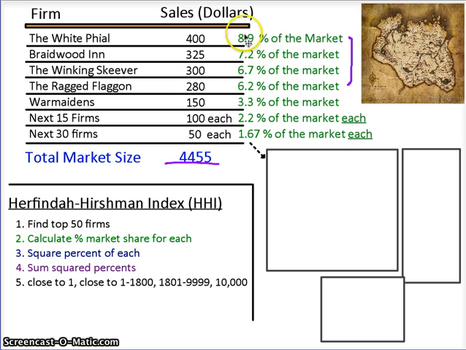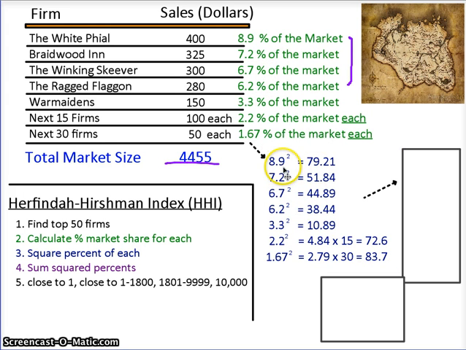The next thing we want to do is go through and square each of these percents. So 8.9 squared, 7.2 squared, 6.7 squared, 6.2 squared, 3.3 squared, and 2.2 squared is 4.84, 15 times. 1.67 squared is 2.79, 30 times. Why 15? Because there are 15 firms, each of them possessing 2.2% of the market.